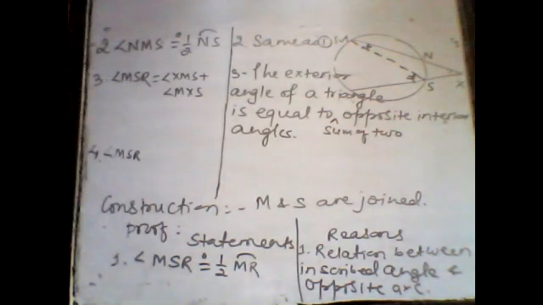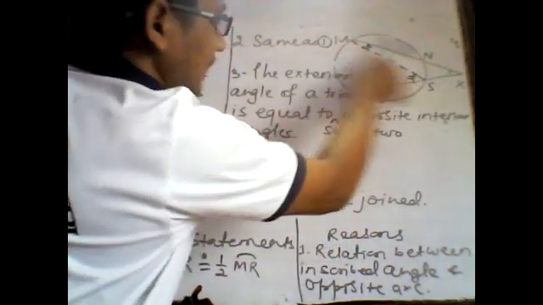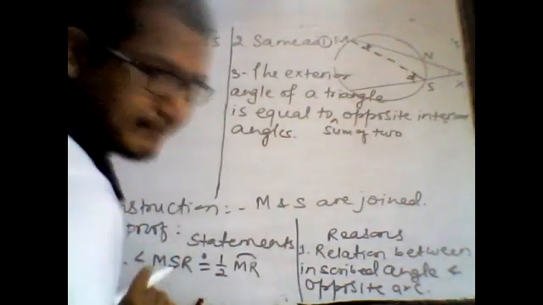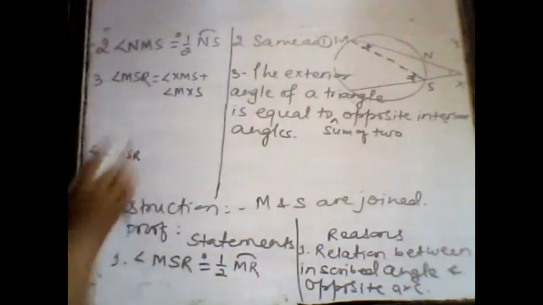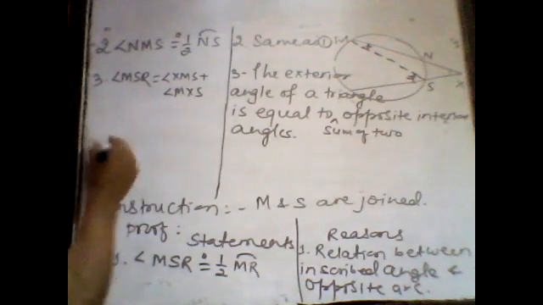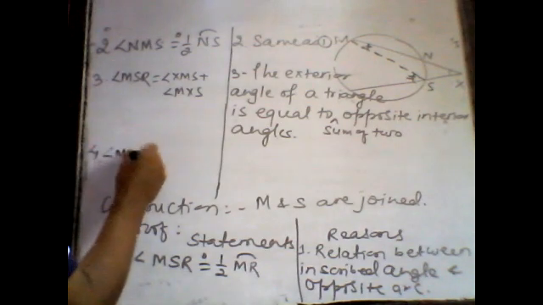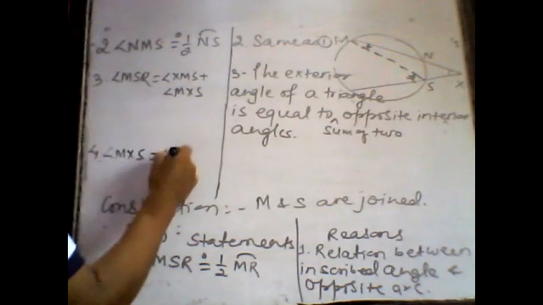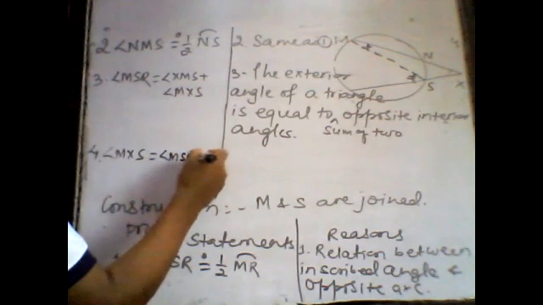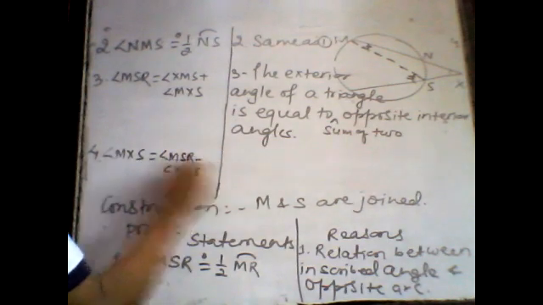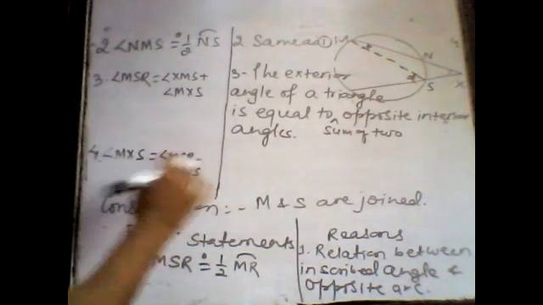You have to prove MXR. MXR, MXS, both the same angles. So from this, you can write here MXS equals to MSR minus XMS. We have only interchanged here.